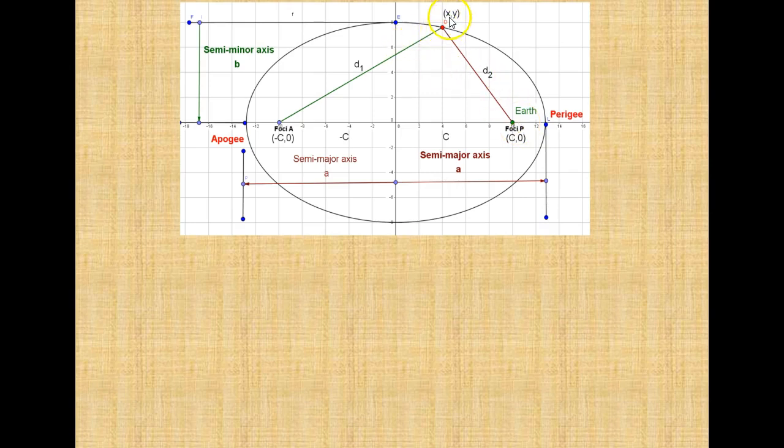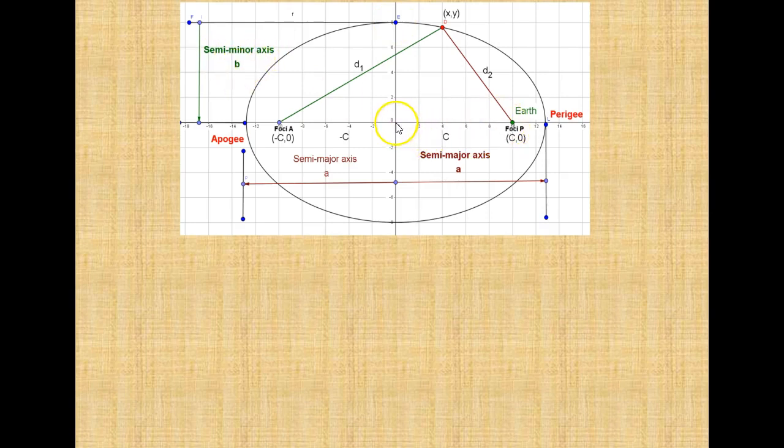When we locate D, we call this x and y, so it's located at some x and some y. From the center of the ellipse to the top of the ellipse, that's the semi-minor axis b.